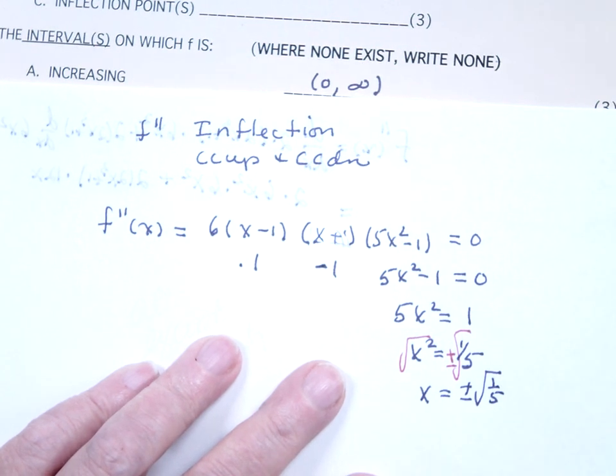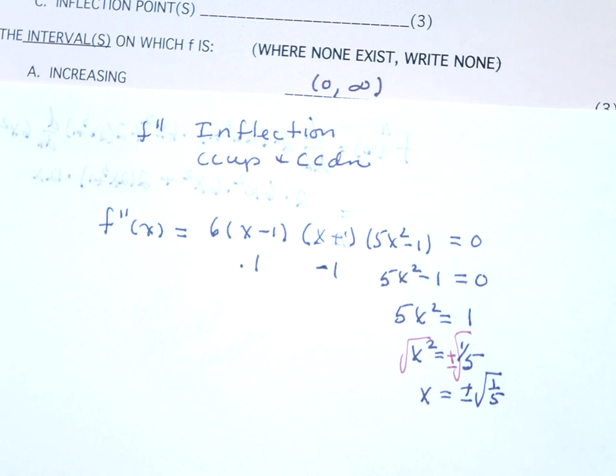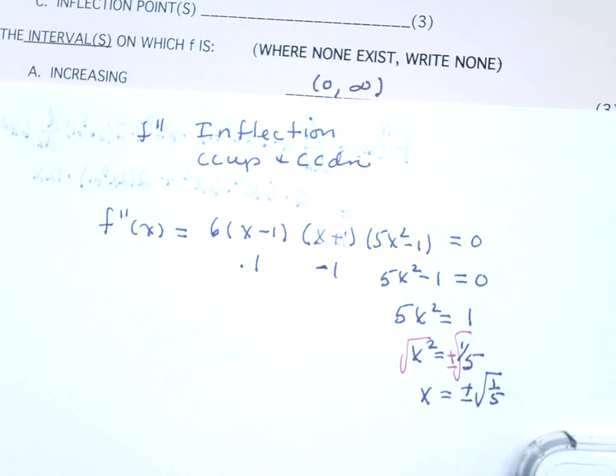And the square root of 1/5 is a number. And you could use that number if you wanted to. I can do that with my calculator. There it is. My graph and calc on my phone.